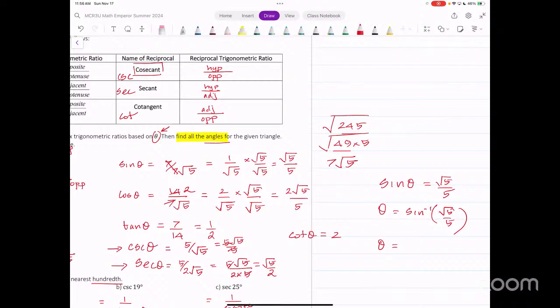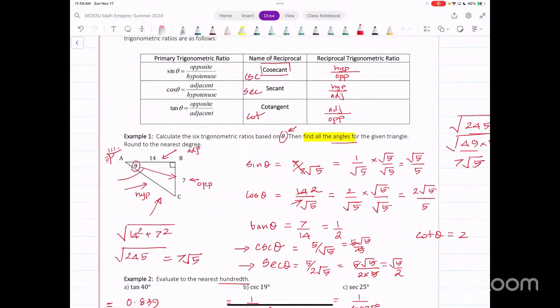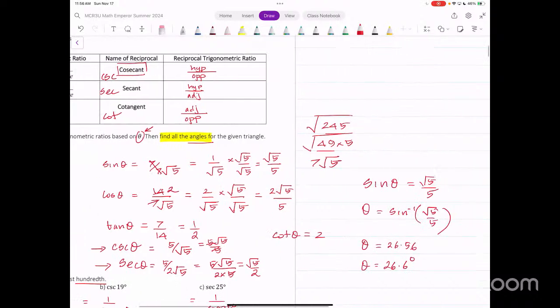Yes, 27, that's right. But it's 26.56. We're going to round it to the nearest tenth. So 26.6 degrees, isn't it? Not easy with the calculator on the phone. So theta is 26.6 degrees.